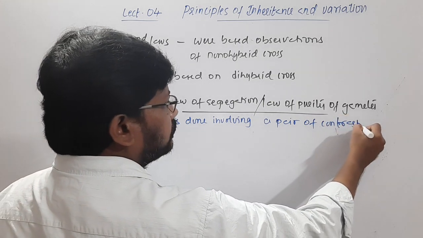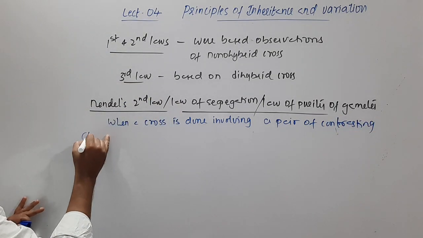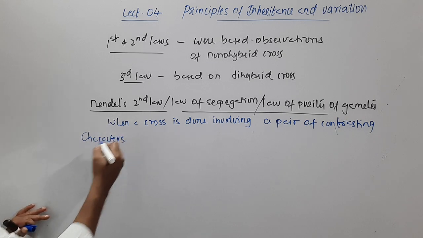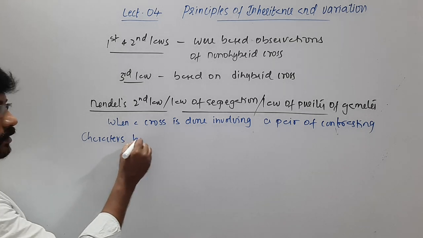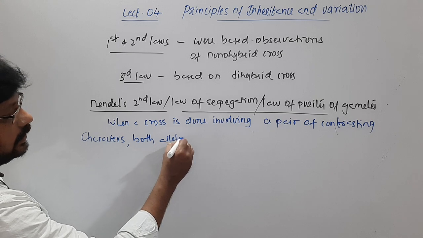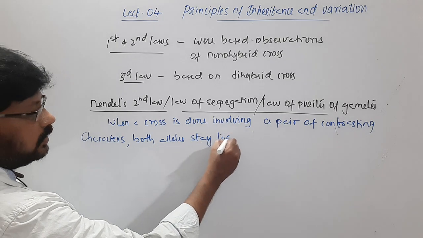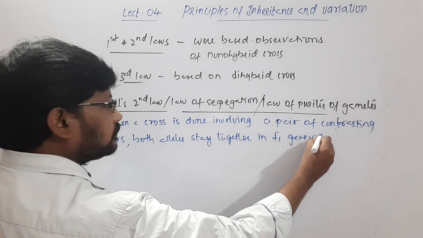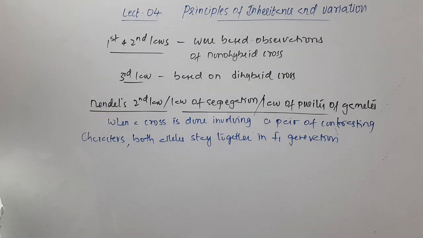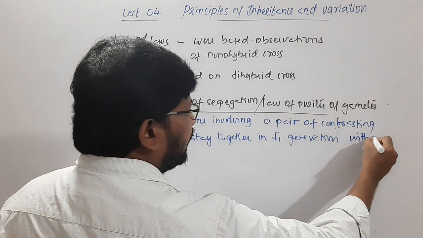When a cross is done involving a pair of contrasting characters, what happens is both alleles stay together in F1 generation, without mixing or blending.